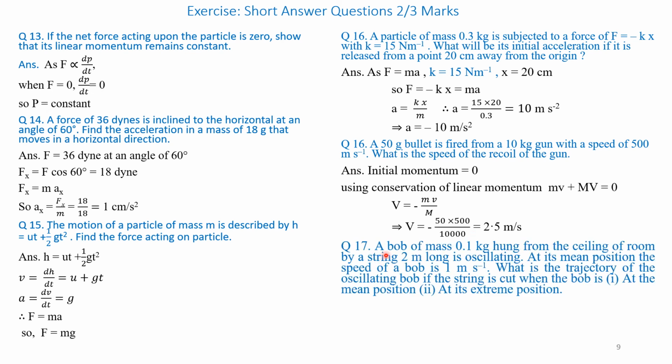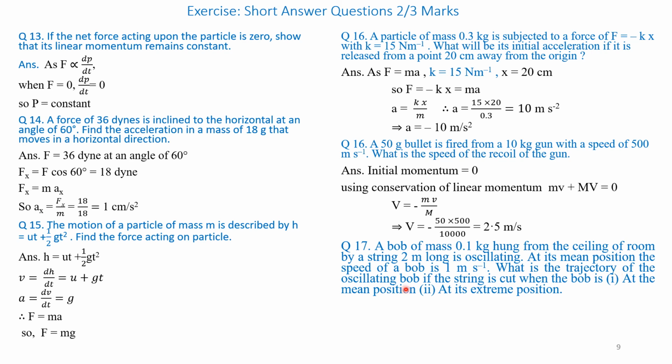Question number 17. A bob of mass 0.1 kg hung from the ceiling of a room by a string 2 meters long is oscillating. At its mean position, the speed of the bob is 1 meter per second.